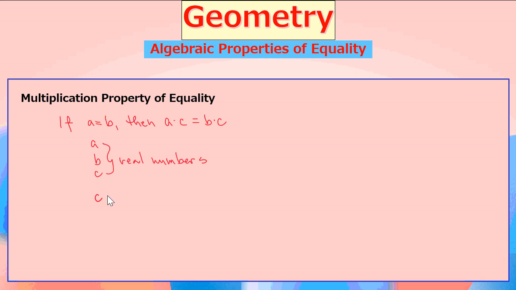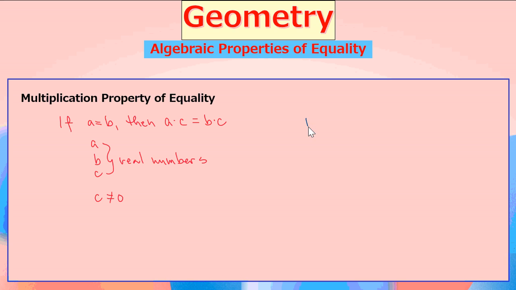And C should not be equal to 0, because any number multiplied by 0 is equal to 0. And of course, 0 will always be equal to 0.